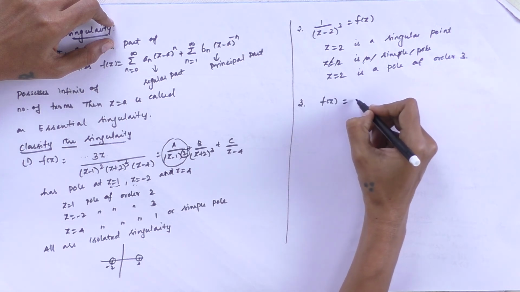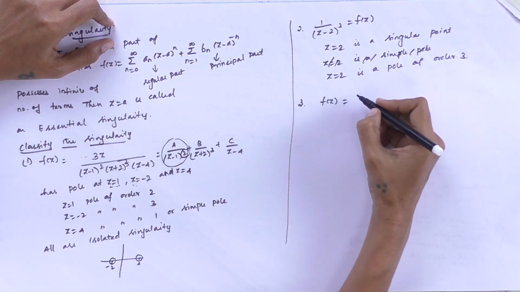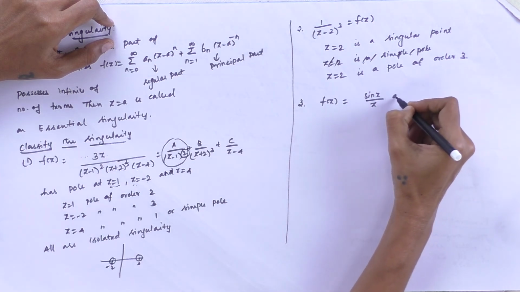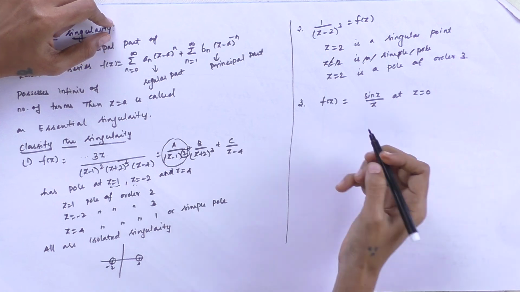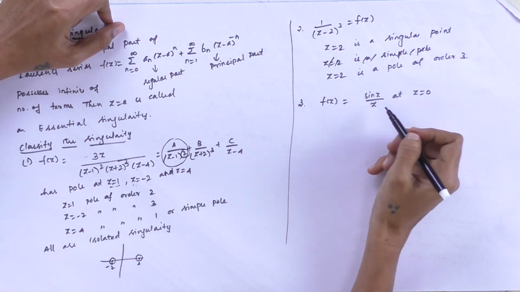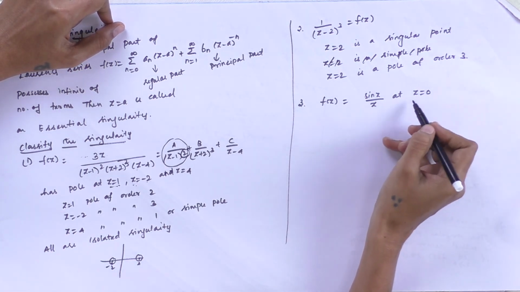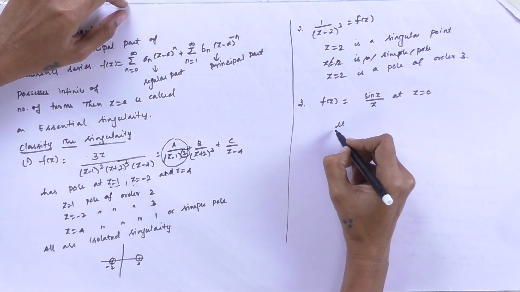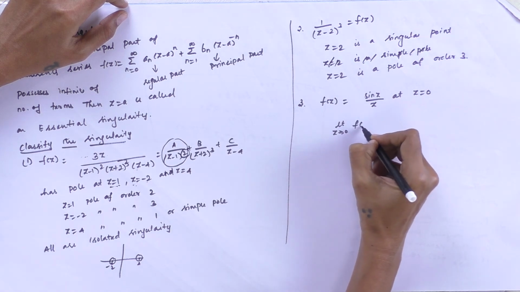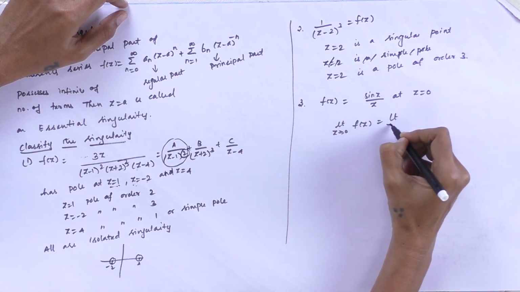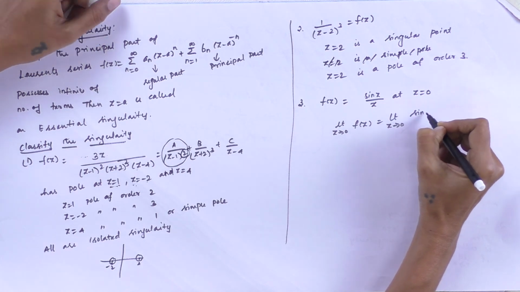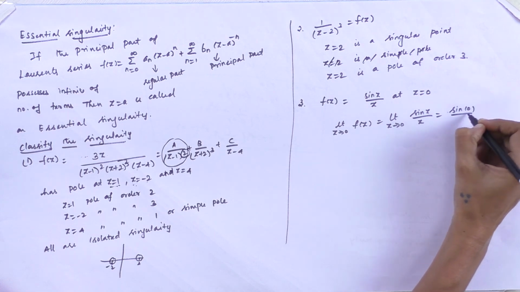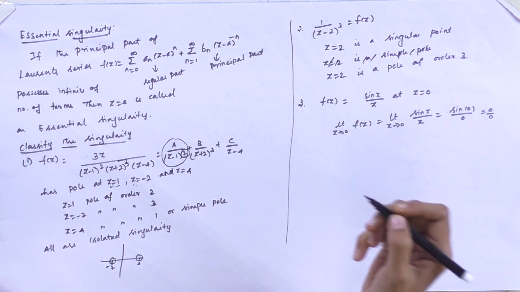check whether f of z equal to sin z divided by z has a singular point or not at the point z equal to 0. Obviously this function is not analytic at the point z equal to 0, but taking the limit as z approaches 0, f of z is equal to the limit of sin z divided by z, which is sine of 0 divided by 0, that is 0 by 0, an indeterminate form.